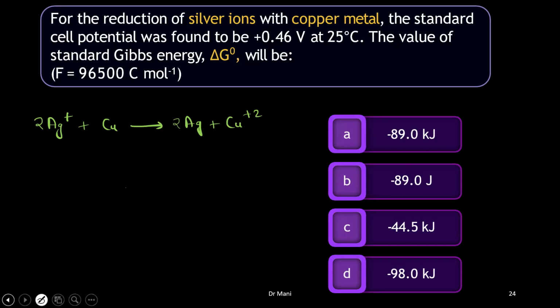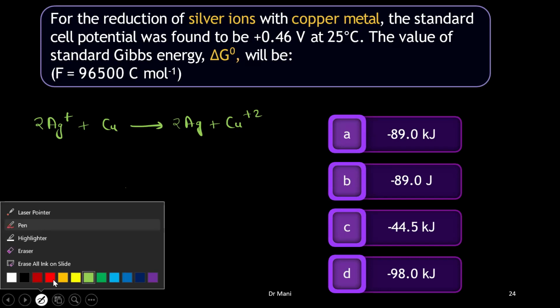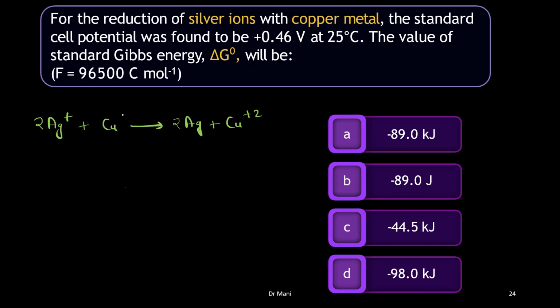Okay. So is it clear how I wrote the reaction when he says the reduction of silver ion with copper metal? If you don't know how to write this, then you cannot solve this question. So make sure you understood this clearly. Any doubts in writing this? No, sir. Okay, fine. So now I need to find out the n factor. What is the n factor?